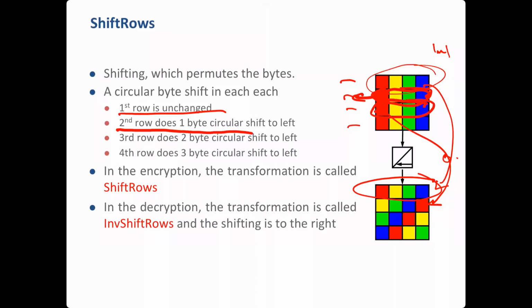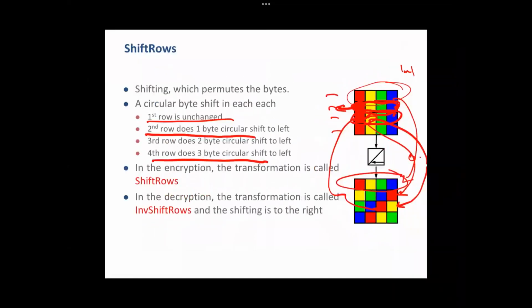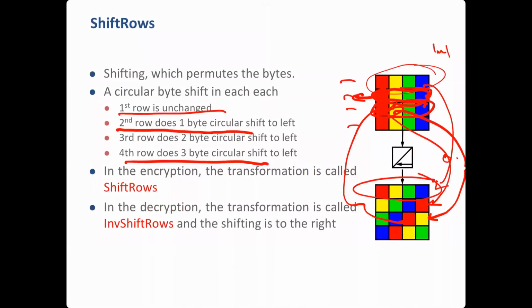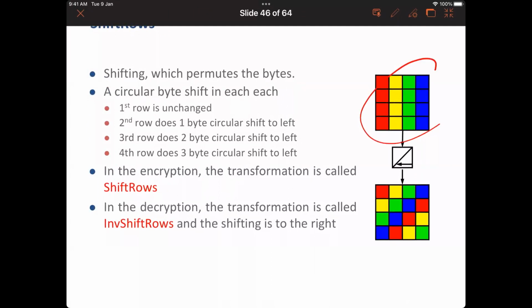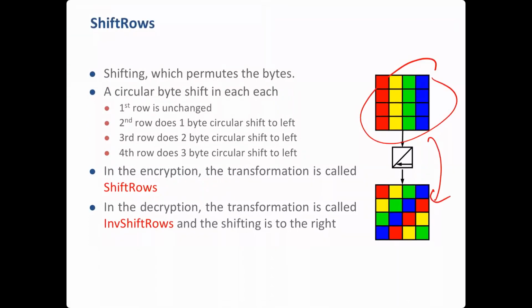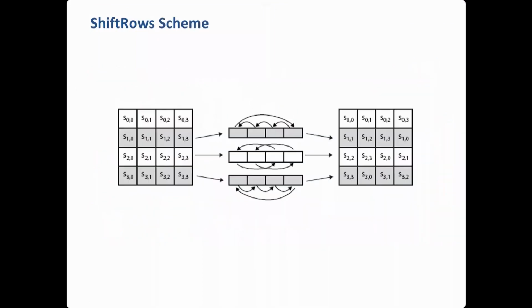So this first red will come here, and this yellow comes here, and so forth. And then the fourth row is shifted by 3. As a result of that, this one is transformed into the one here. And when you're decrypting, just do the inverse of this.